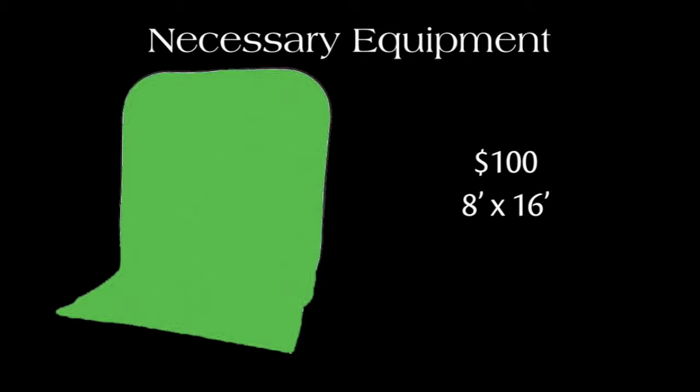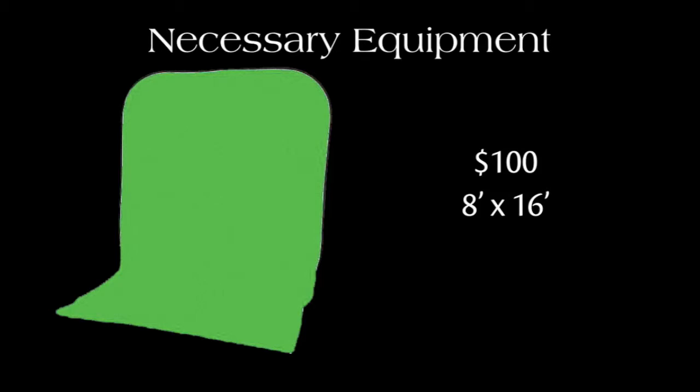This pop-up one is nice because it also has a little train on the bottom so that students can actually stand on it. And when you import that film into iMovie or whatever software you're using, then the environment totally surrounds the student in it.